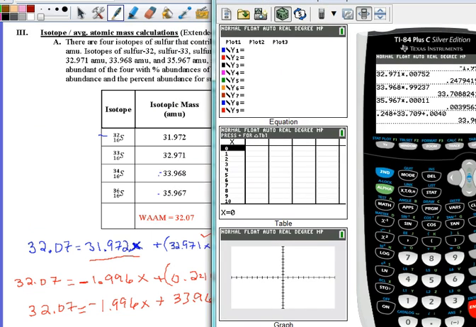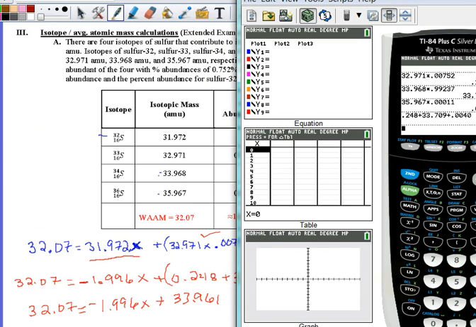Get my calculator out again here. Alright, we have 32.07 minus 33.961, and I only get to keep 2 decimal places, so negative 1.89.